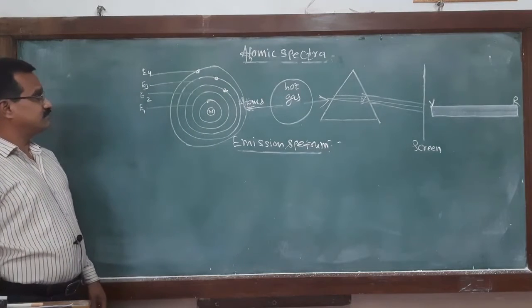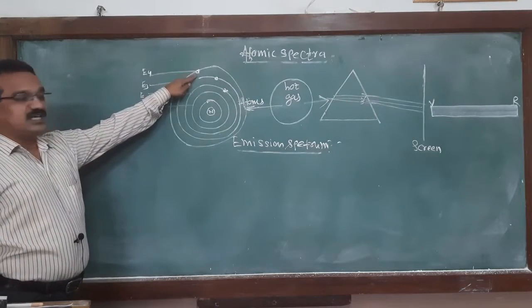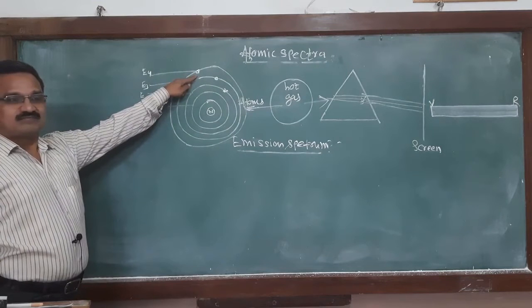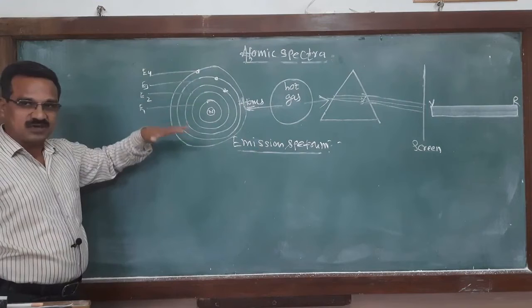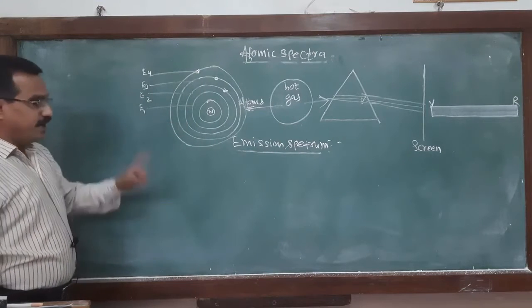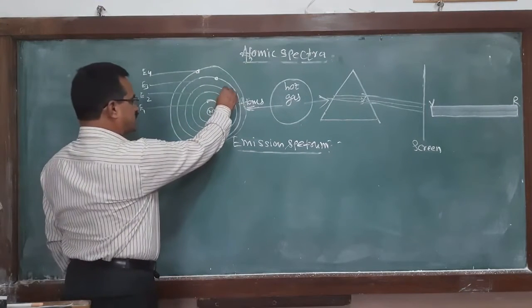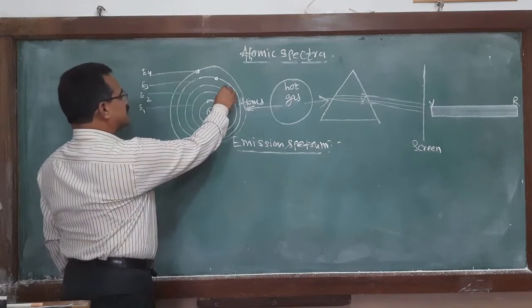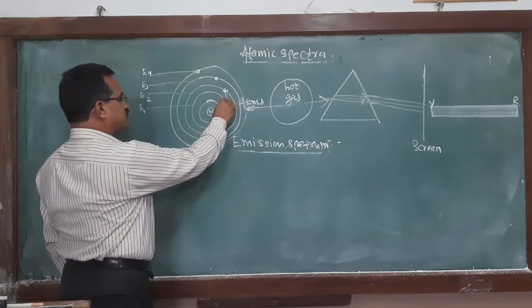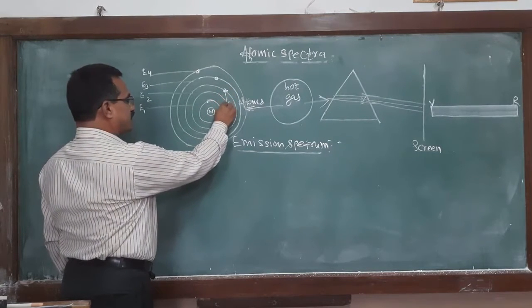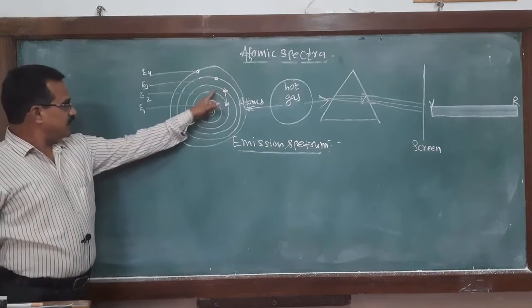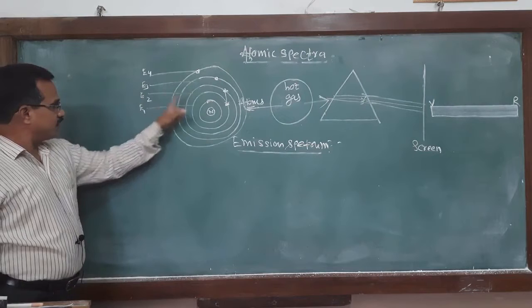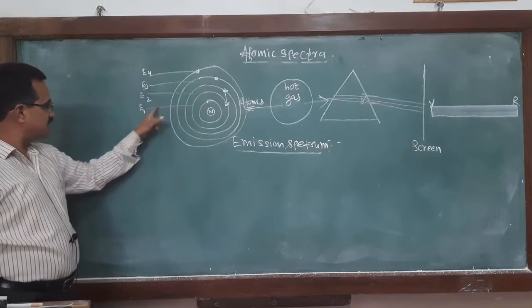But these electrons cannot remain there for a long time. They come back to the ground state. Whenever a transition of an electron takes place, suppose from this orbit to this orbit, the energy of the electron in this case is E2 and in this case is E1.